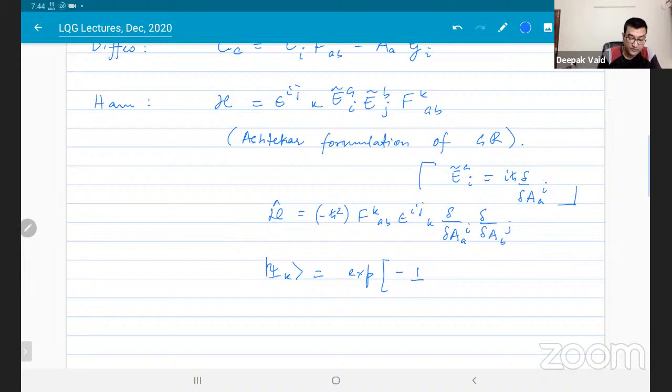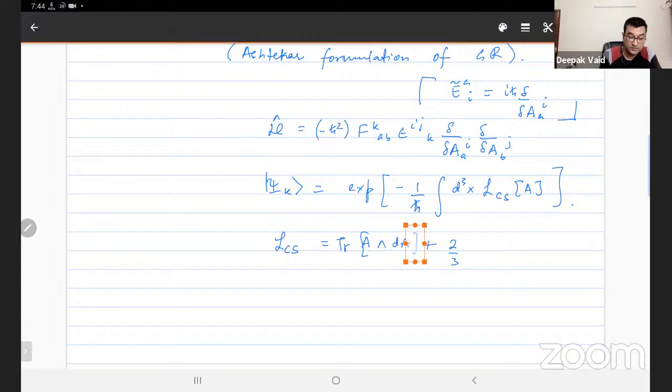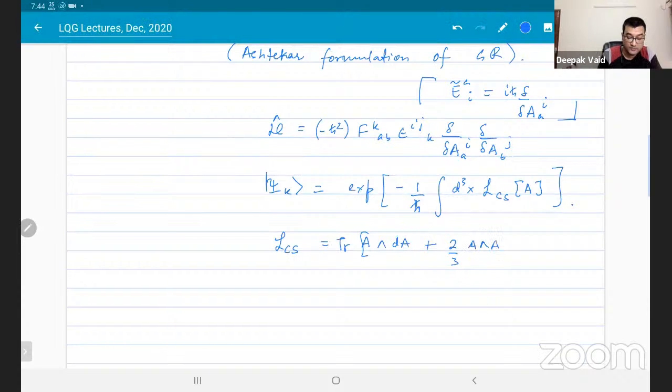There'll be some factor of 1 by h bar, and the integral over d cubed x of the Chern-Simons Lagrangian associated with the connection. And the Chern-Simons Lagrangian looks like this: trace of A wedge dA plus 2 by 3 A wedge A wedge A.